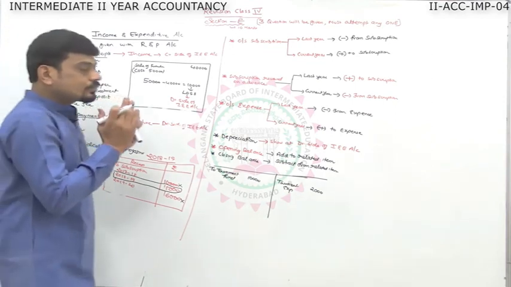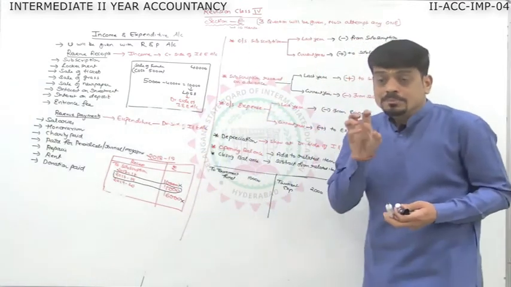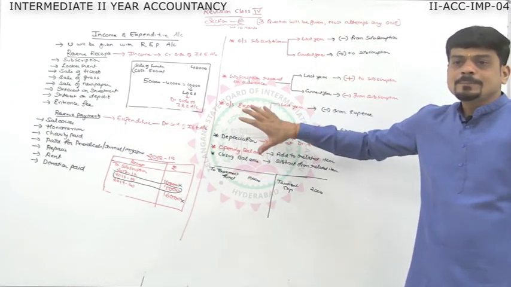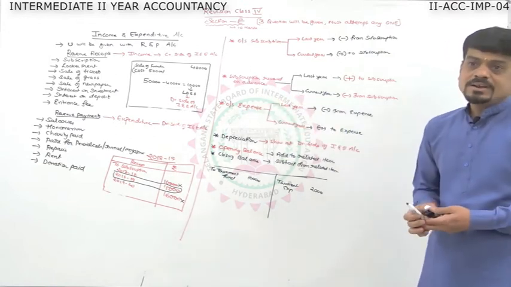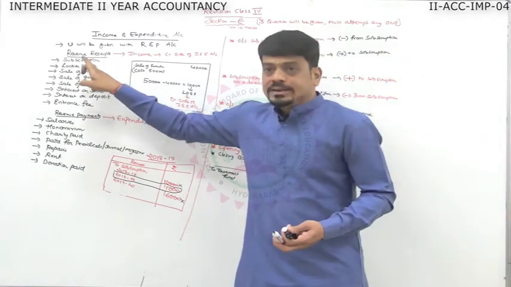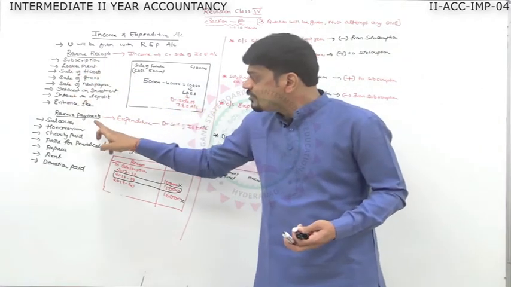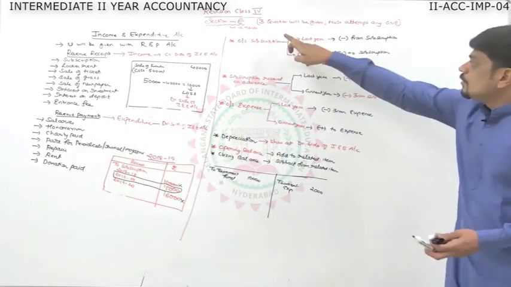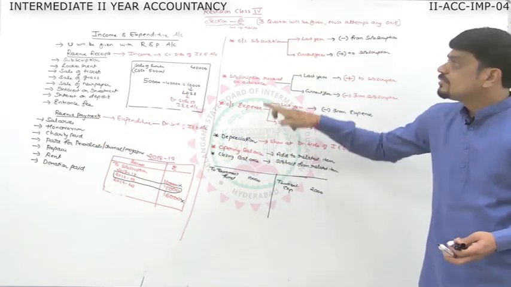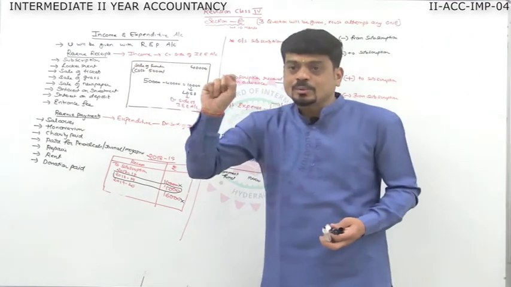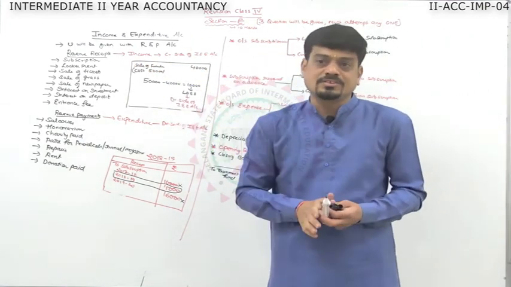So, these are a few important points which you have to keep in mind when you are preparing the income and expenditure account. Receipts will be given on the debit side. Payments will be given on the credit side. First, what do you do? You see what the adjustments are, for example, outstanding subscription. So go to the subscription in the question paper and with a pencil mark the adjustment.